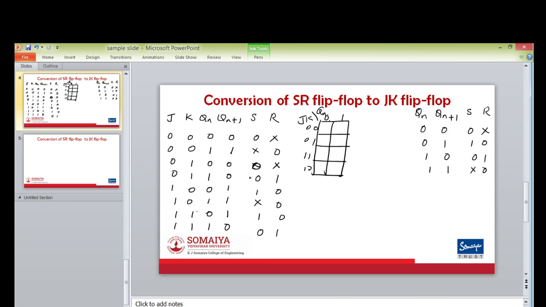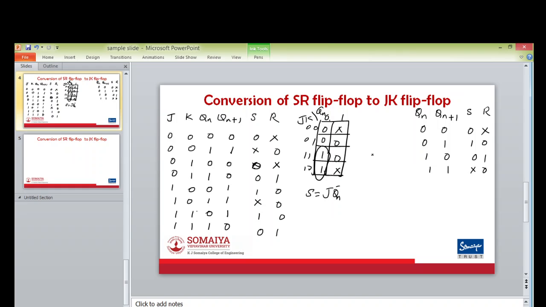So I will fill S here: 0, cross, 0, 0, 0, cross, 0, 0, 1, cross, 1, 0. When I group it, S will be equal to J Qn bar.